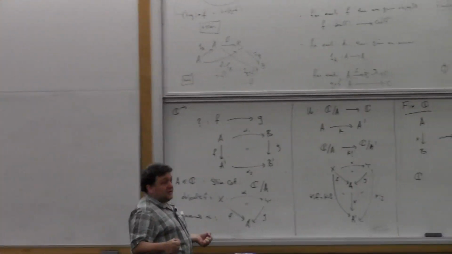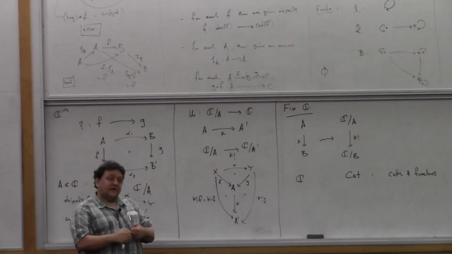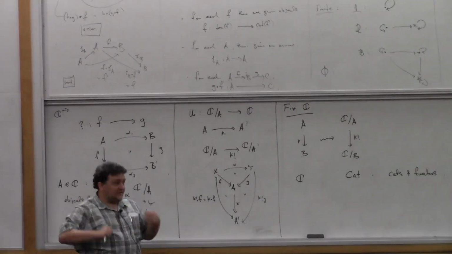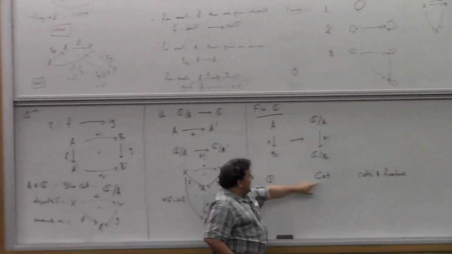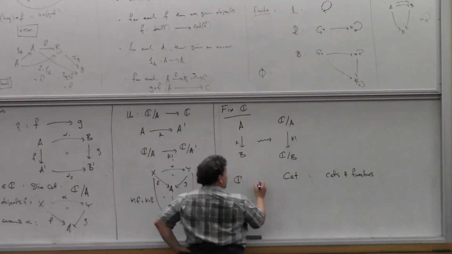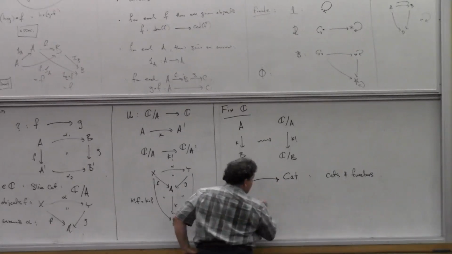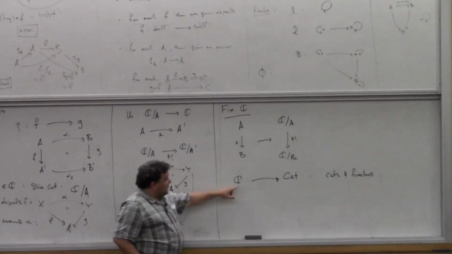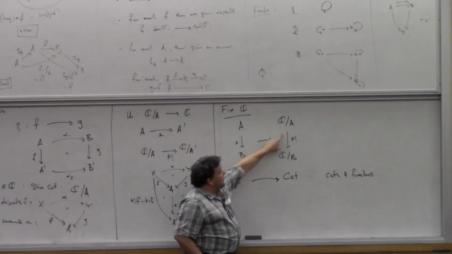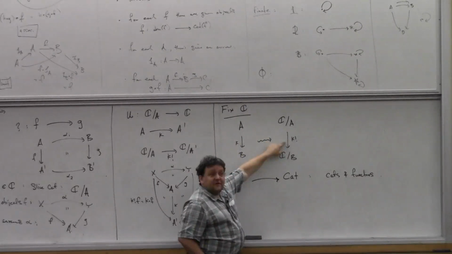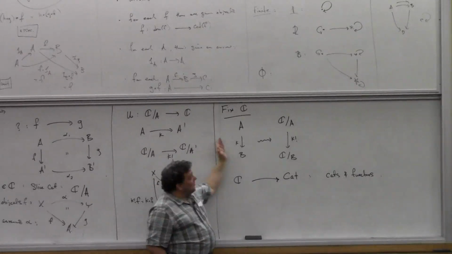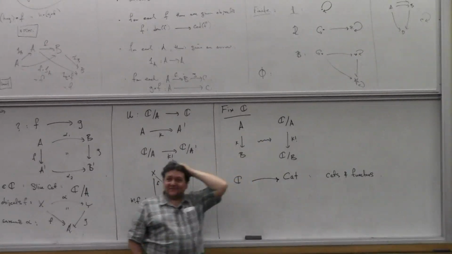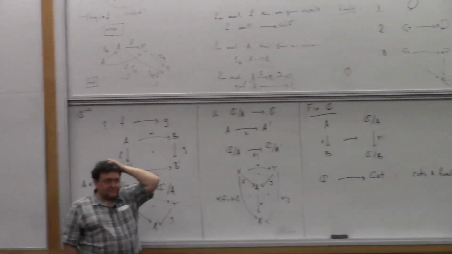And because of the way I've defined it, just like for posets, it's associative and it satisfies the unit law. So that's a category, full stop. And now this assignment is a functor. It takes an object of C to a category, it takes an arrow to a functor, and the whole thing gives a functor from the category to the category of categories and functors. That's a homework exercise for you.